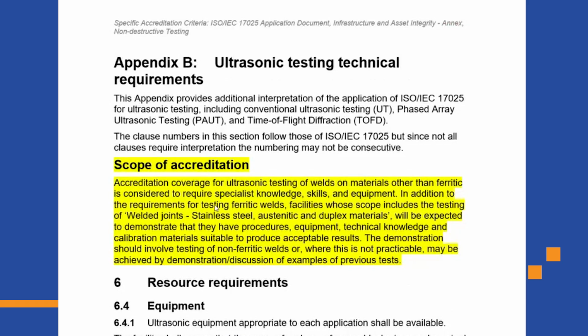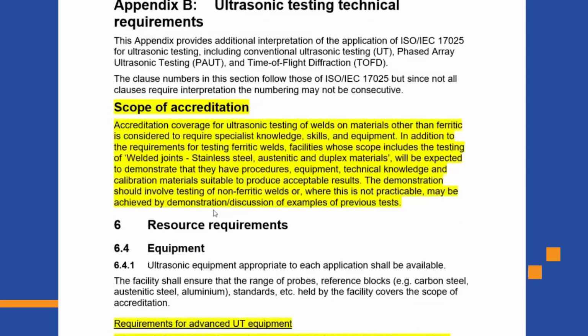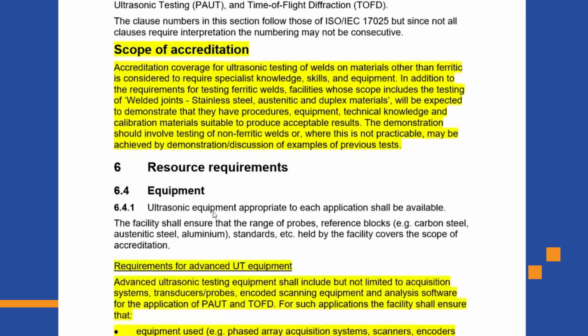The first addition was a new paragraph in the scope of accreditation section. And this also came from feedback from multiple assessments in regards to ultrasonic testing of welds on non-ferritic materials, so stainless steel, duplex steels. It was recognized that many times we went to the assessment and the facility lacked the correct procedures, lacked the correct equipment and technical knowledge.